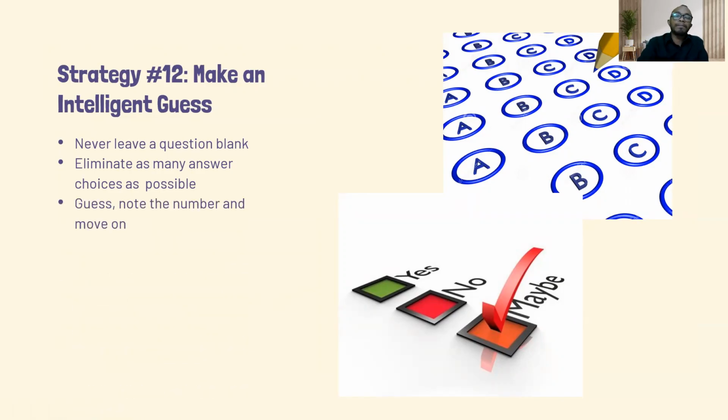Okay, and if you have spent too long on one question and you're still not sure about the correct answer, you can just guess and then write down the number of the question so that later when you have spare time, you can go back to that question to try to get a more sure answer.